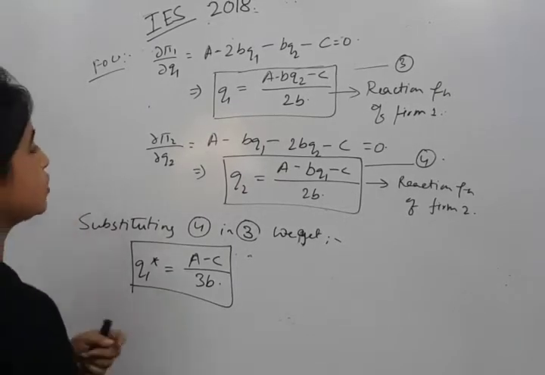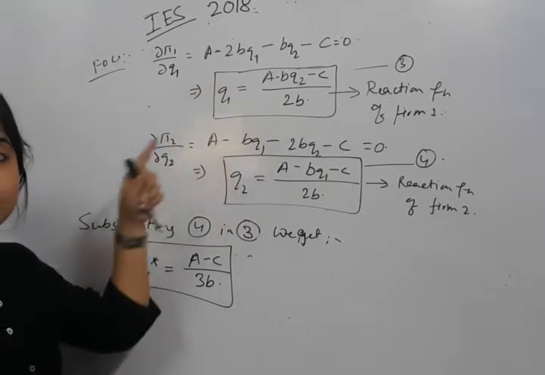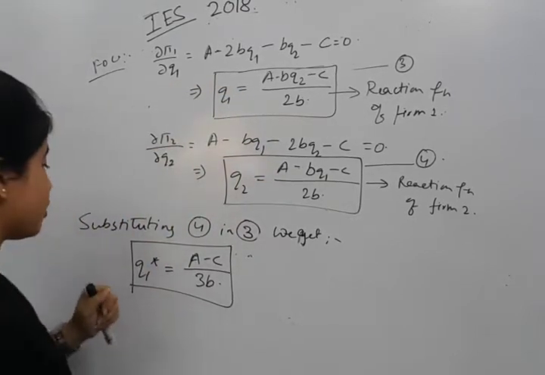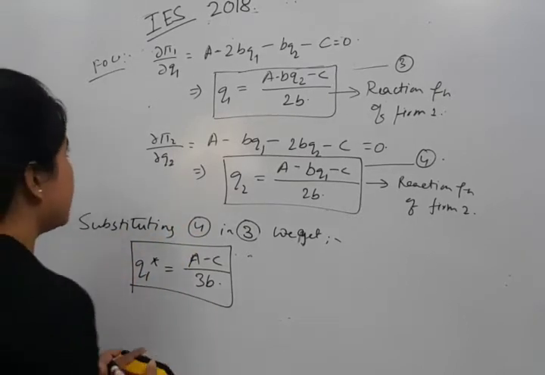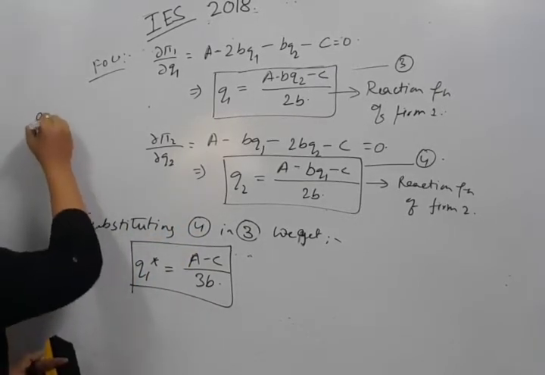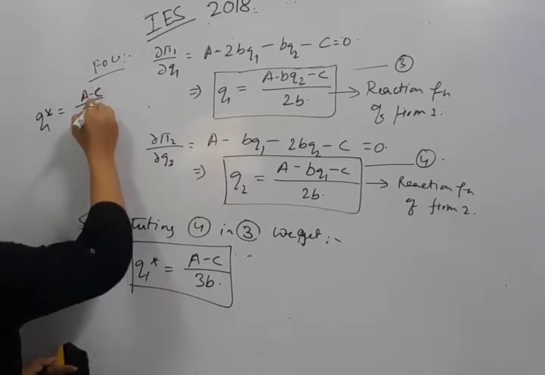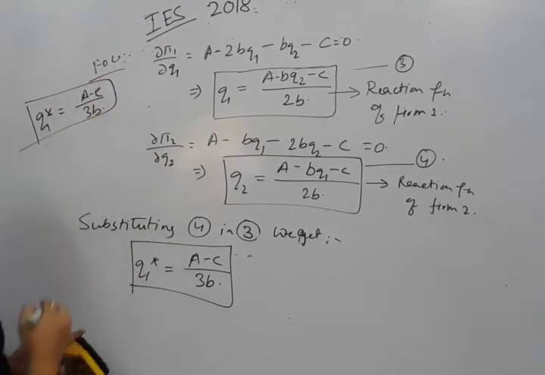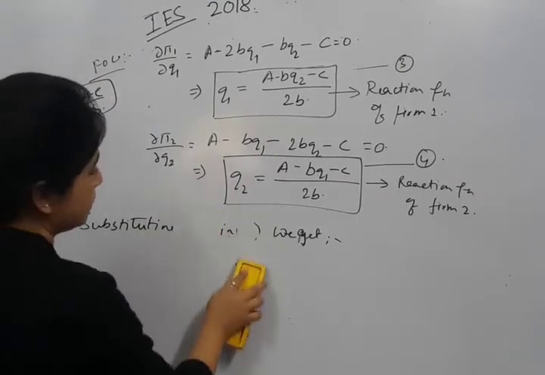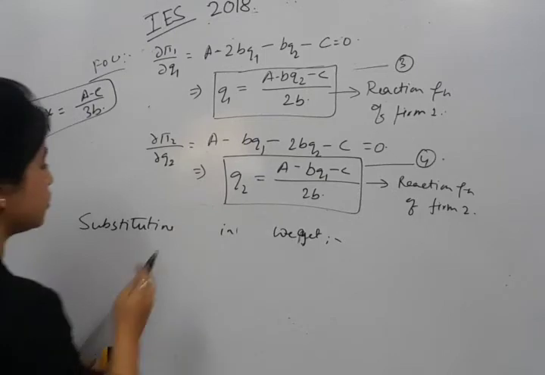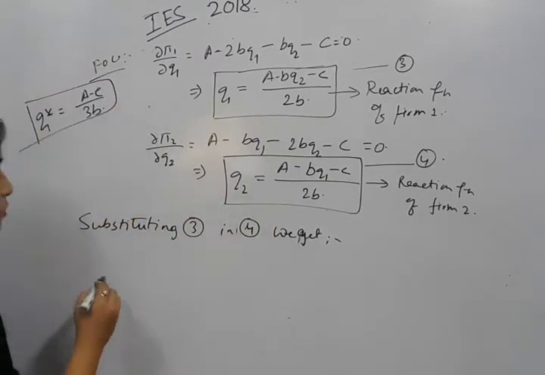So we have substituted equation 4 into 3 to obtain Q1, that is the output of farm 1. Now we have to do the opposite thing. So Q1, let's just write it over here: (A minus C) by 3B. Now substituting equation 3 in 4.